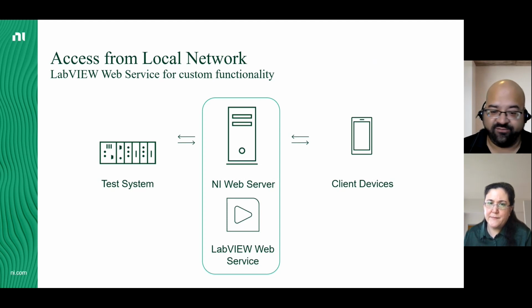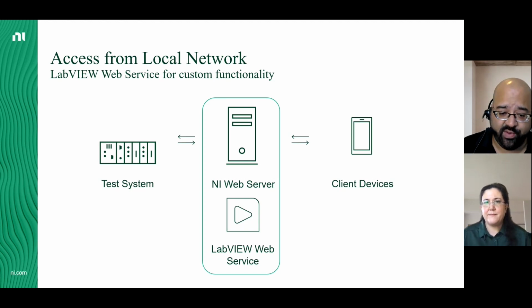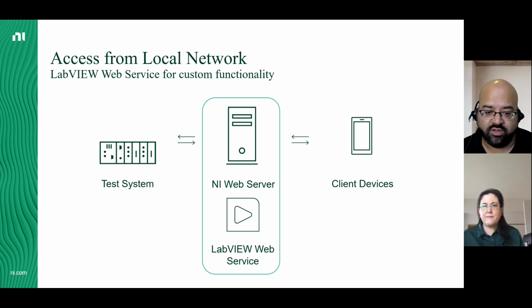One thing I want to emphasize here is that if you're using a custom LabVIEW web service deployed to the NI web server, you can't lift and take the same implementation to use with SystemLink Cloud. SystemLink Cloud does not have the ability to deploy new LabVIEW web services there.